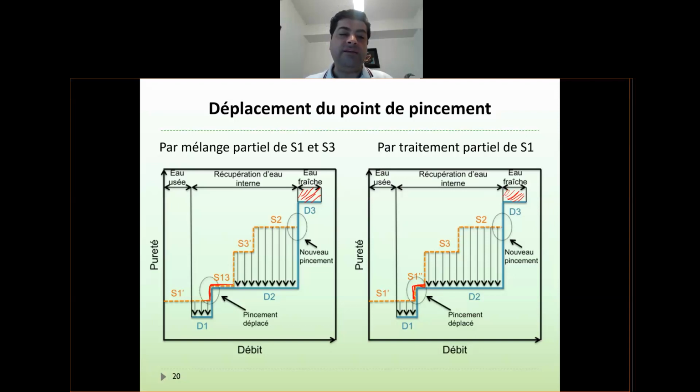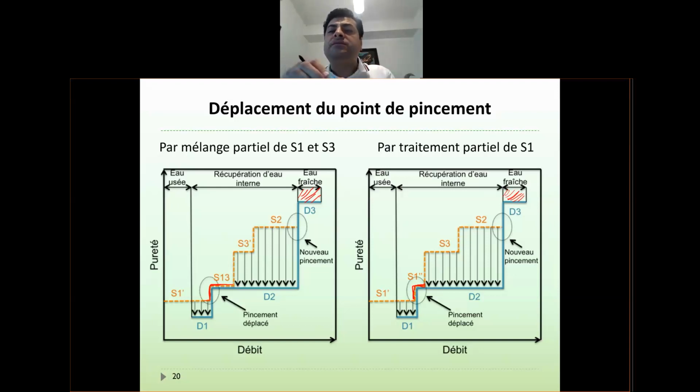If you pay attention, in water pinch the y-axis is about purity, and we are matching streams that have similar purities, in terms of composition, for example contamination.